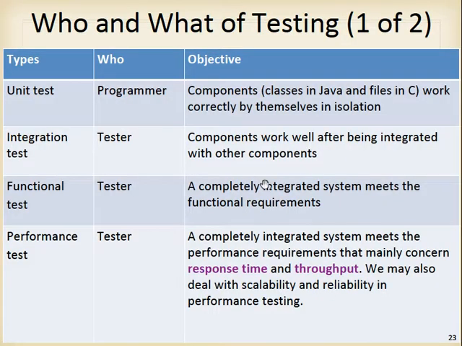The next two slides show the objectives of each kind of test and who would be performing them. For example, unit tests will be performed by the programmer, and the objective is to make sure that a unit, for example, a class in Java or a file in C, works correctly by itself, in isolation.